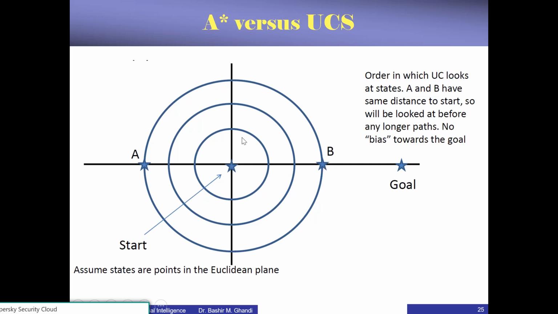If you start from here, basically you're just exploring. There is nothing telling it, look, go to B first, because it is nearer to the goal. The uninformed search has no idea where the goal is. Therefore, it will just be looking at these two states as being equally likely, A and B. This is the idea.